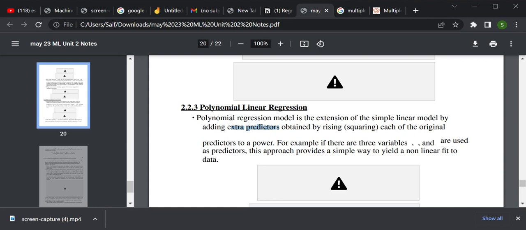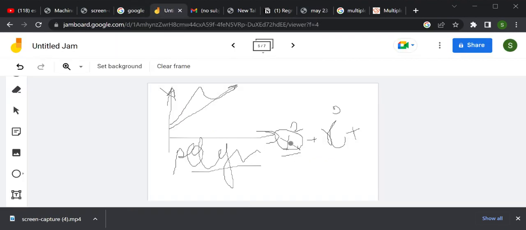Predictors are nothing but independent variables, that is x, obtained by raising each of the original predictors to a power. We keep on raising it: first we have a single x, then we raise its power to 2, and then to 3, and so forth.